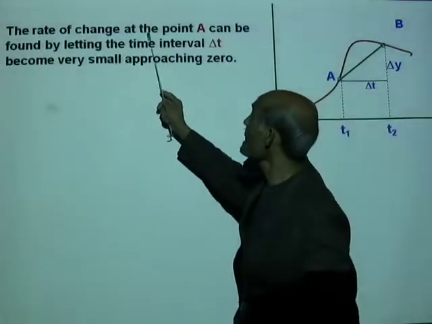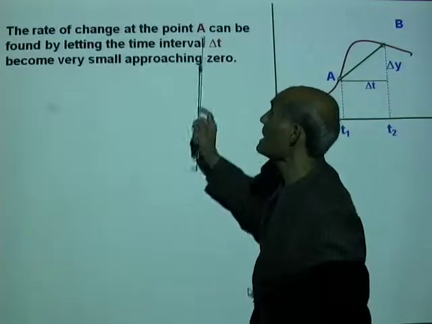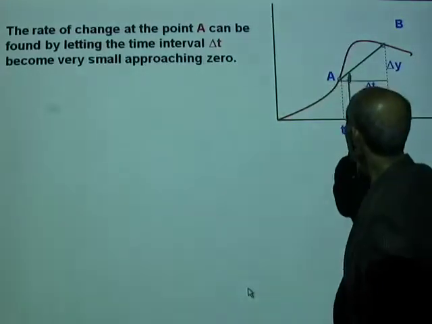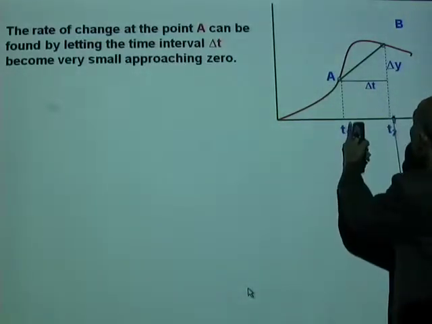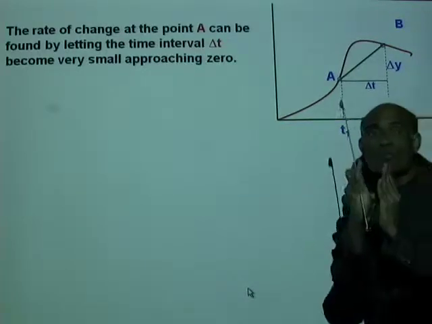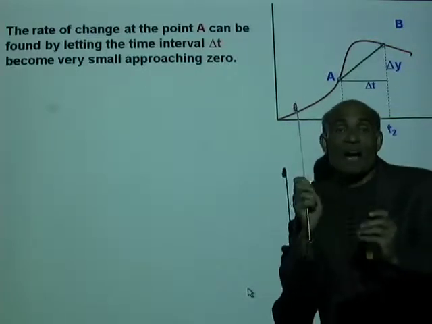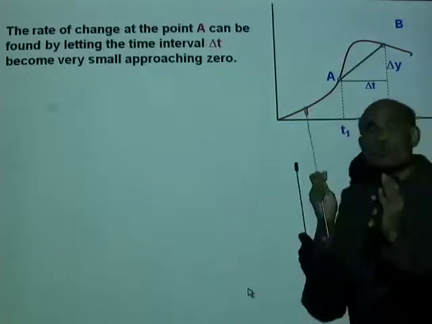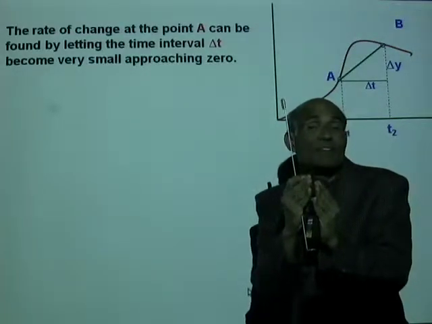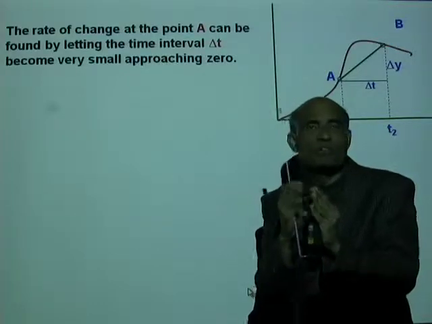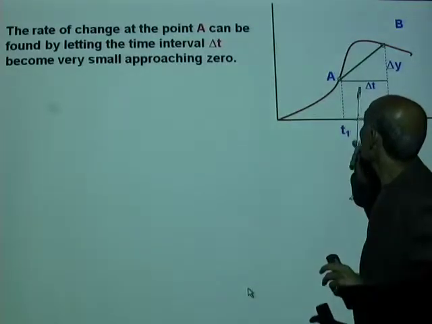Now, we can find the rate of change at the point A if we make this time interval very small and let the time interval come so close to zero that we can say for all practical purposes that time interval is zero.